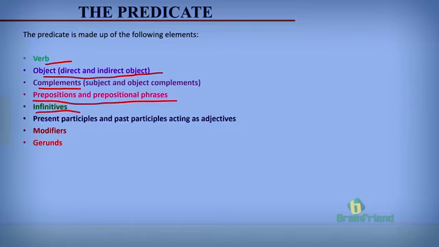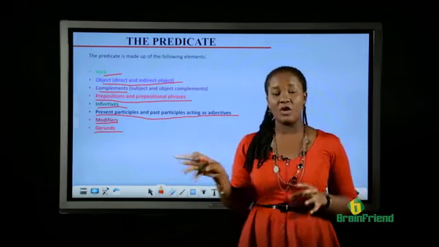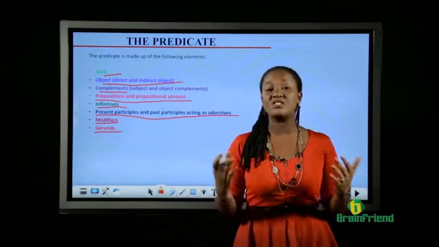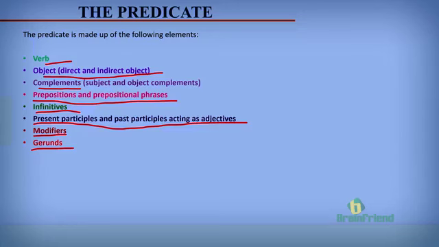Infinitives, present participles and past participles acting as adjectives. Modifiers, and gerunds. All these are components of the predicate. So a complete sentence, or most English sentences, would have a subject and these other components listed here.